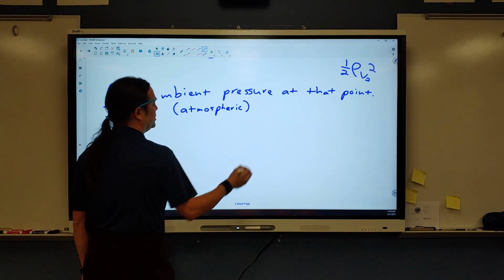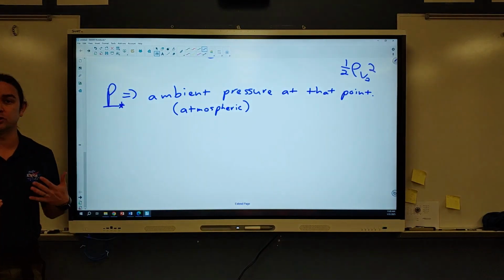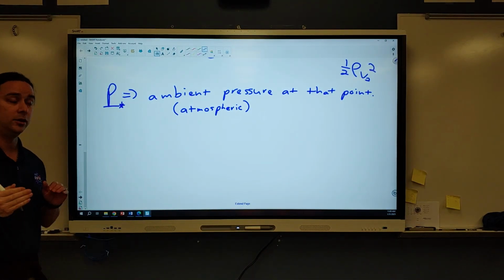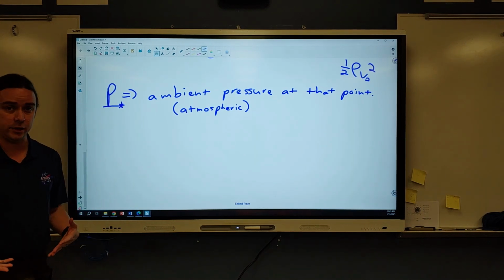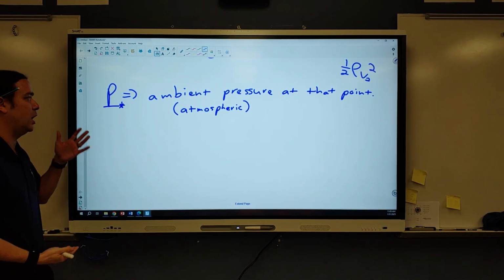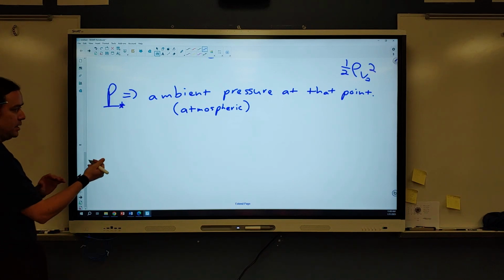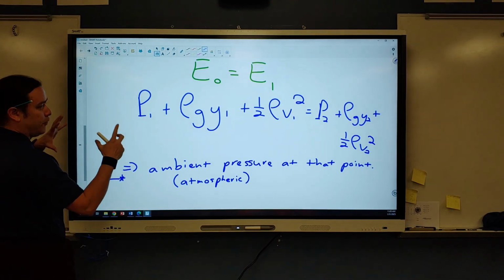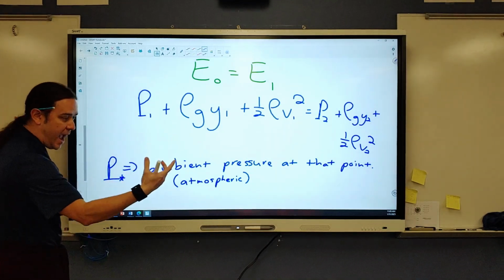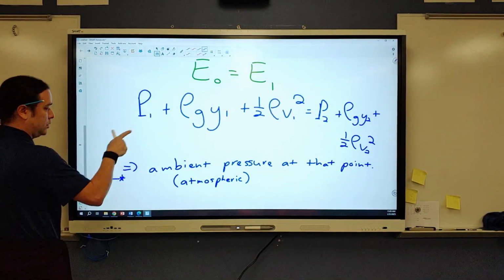If you have something open to the atmosphere, then the ambient pressure is just the atmospheric pressure. And you can set that to 0 and make all the rest of this gauge pressures, because they would be measured against the ambient pressure, the atmospheric pressure. But this is basically our initial pressure from the outside, say, air or conditions squeezing the fluid.